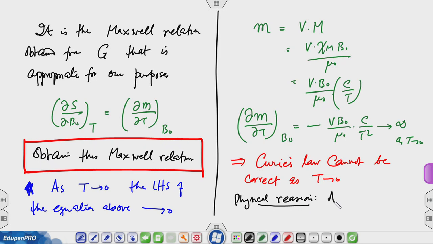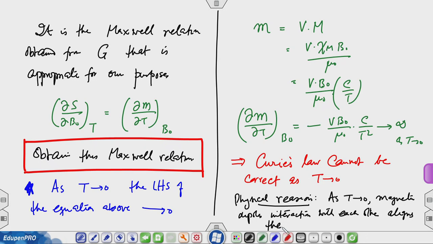But as T goes to 0, magnetic dipole interaction with each other aligns them. So they are no longer aligned only by external field, but due to this interaction with each other also.